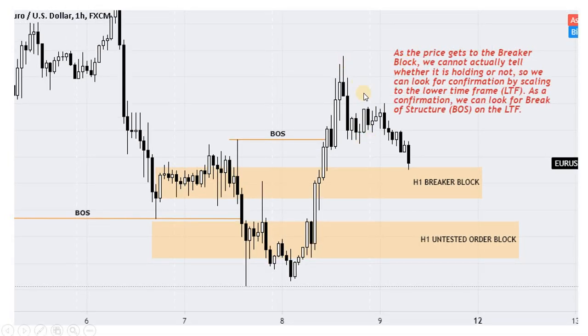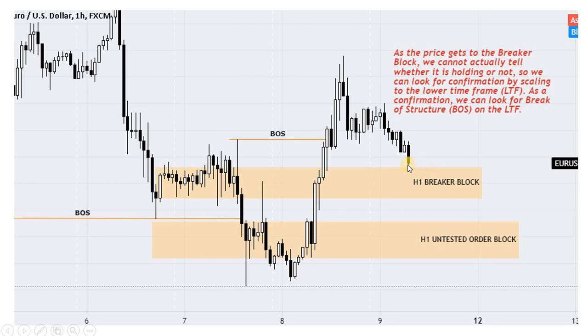So as the price gets to the breaker block, we cannot actually tell whether it's holding or not, so we can look for confirmation by scaling to the lower time frame. One of the confirmations we can look for is a simple break of structure on the lower time frame.